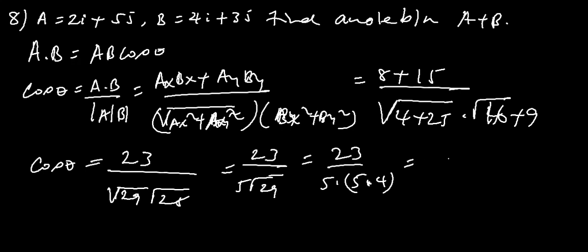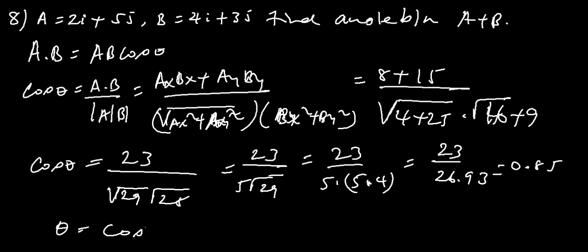This is equal to 23 divided by 26.93, which is 0.85. Therefore theta is cos inverse of 0.85, which is equal to about 30 degrees.